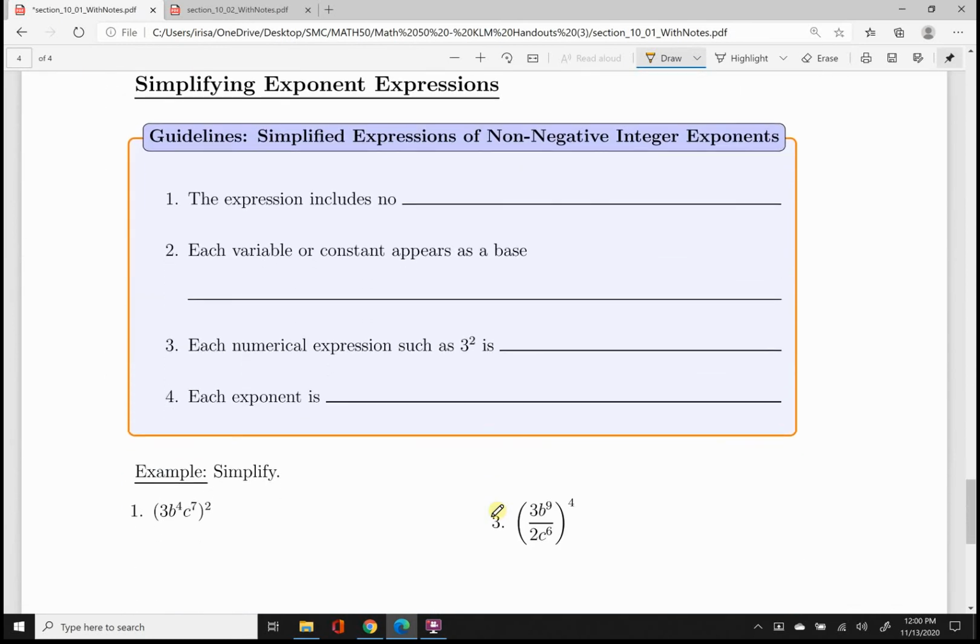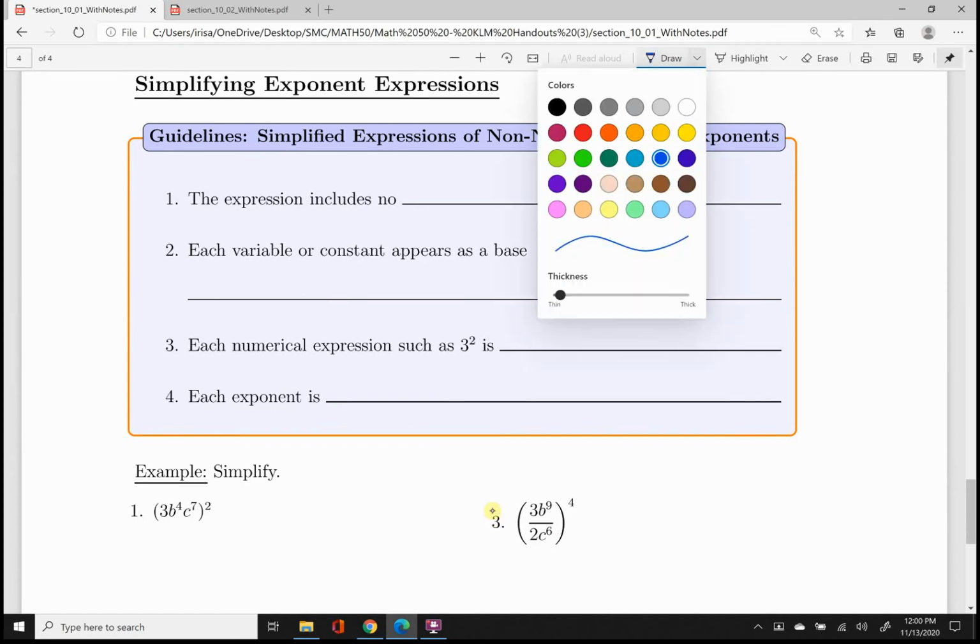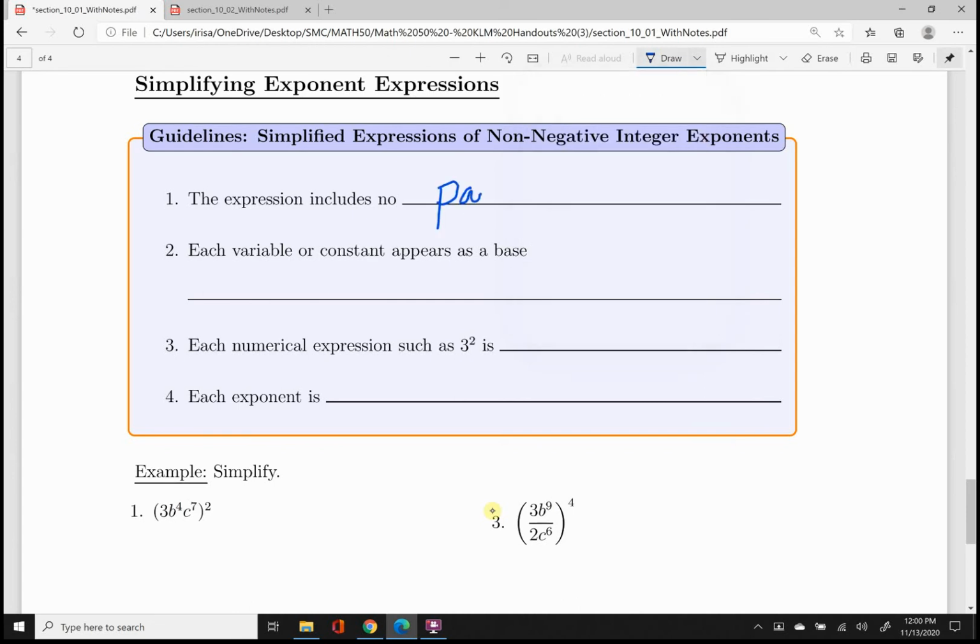So when you are trying to figure out if you are done simplifying expressions with non-negative integer exponents, you want to follow a few guidelines, and here is the list of them, and it's got fill in the blank. Number 1, the expression includes no parentheses. If you have any parentheses in your final answer, you have not simplified it enough yet. There's still more work to be done. Parentheses.